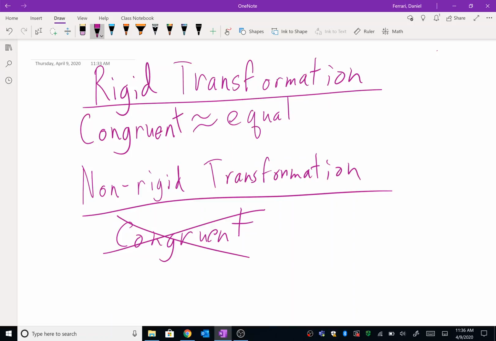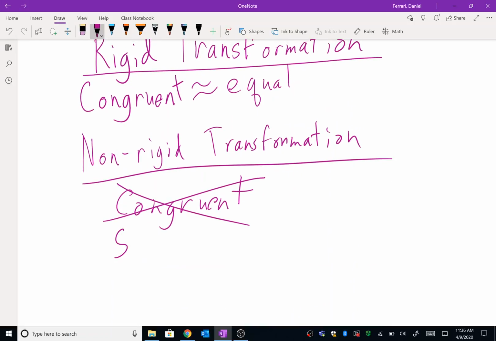Instead, what we're going to have are what we call similar shapes. Similar in English means that they're close together, they're like each other. In math it has a more specific definition that we're going to get into a little later.